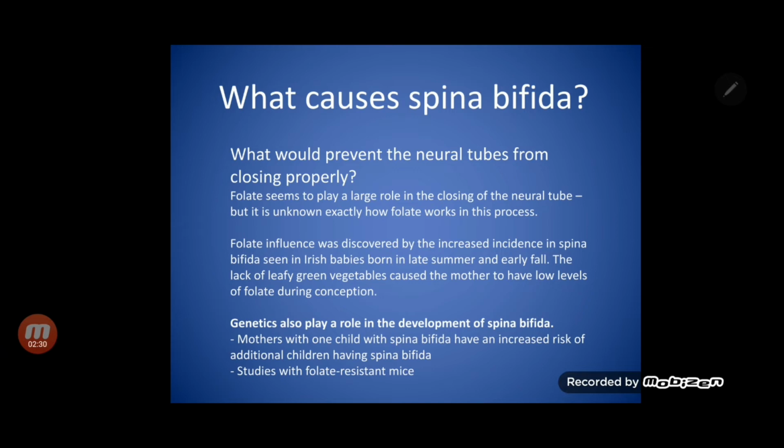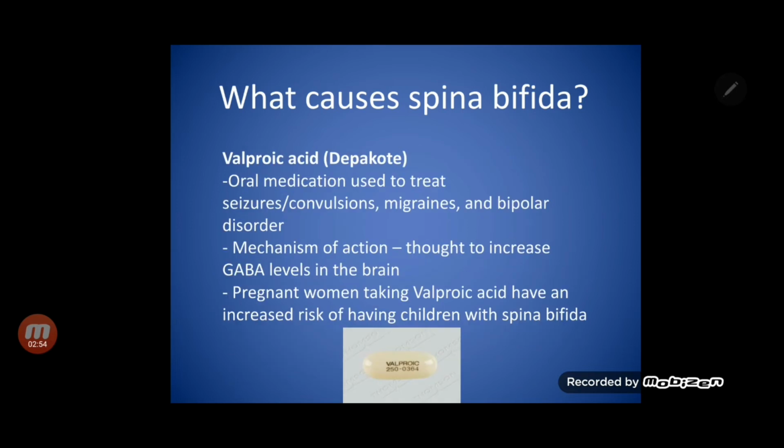The lack of leafy green vegetables caused the mothers to have low levels of folate during conception. However, genetics also play a role in the development of spina bifida. Mothers with one child with spina bifida have an increased risk of additional children having spina bifida. Studies with folate-resistant mice also prove that.